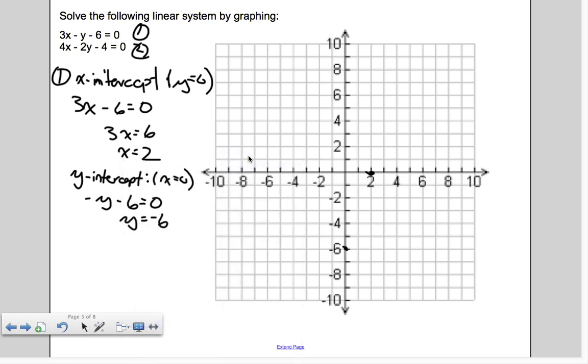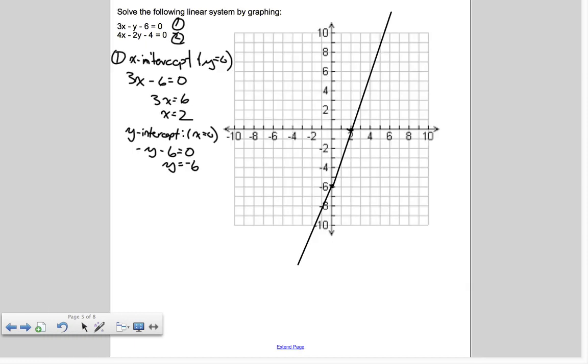That was a few lessons ago. Remember, graphing my intercepts. So if I draw this line over here like this, you guys should be able to draw much better lines than I can. Something like that. So that's the first line.